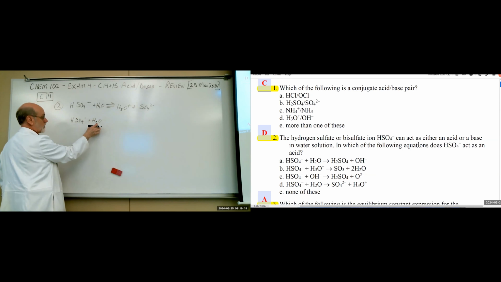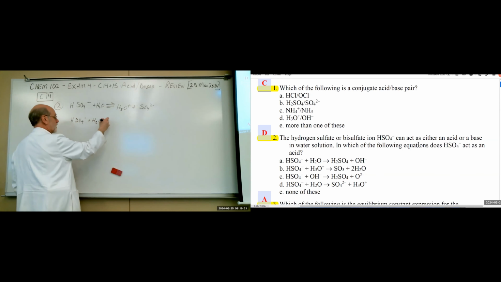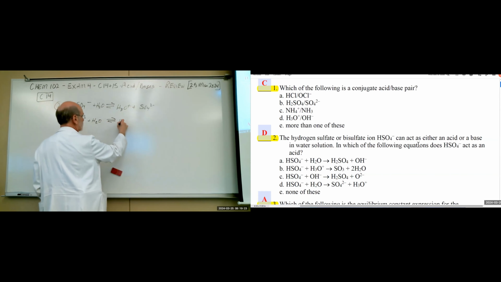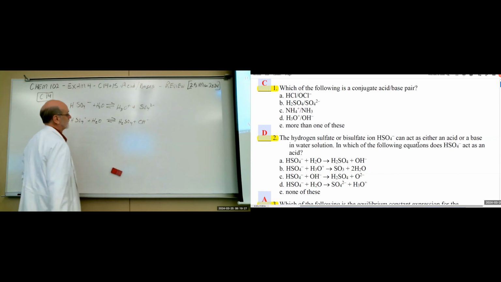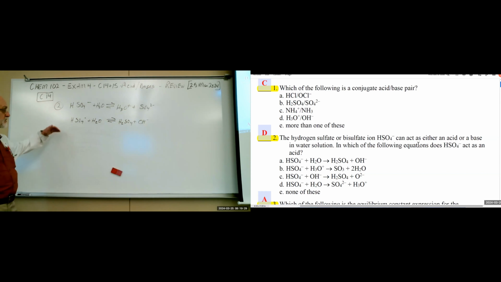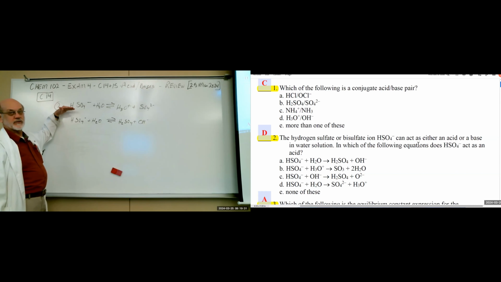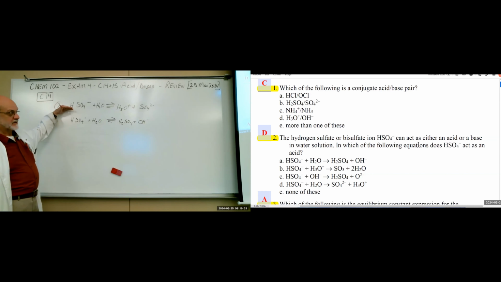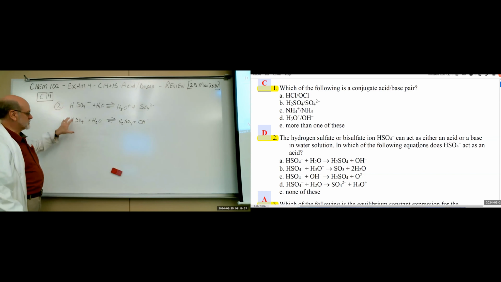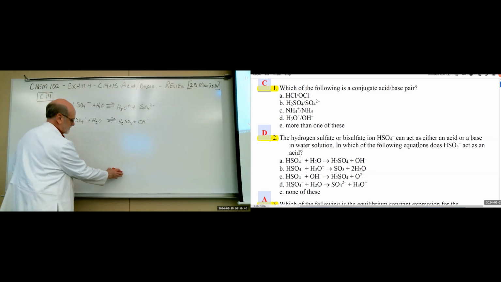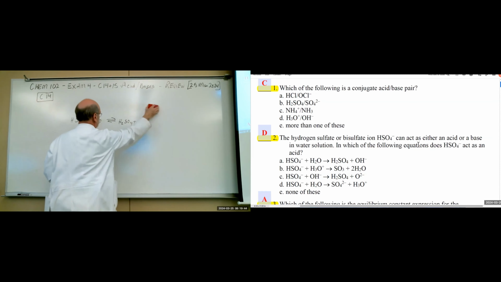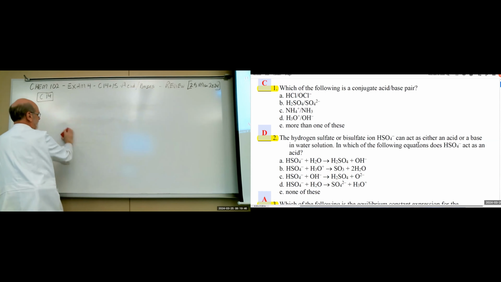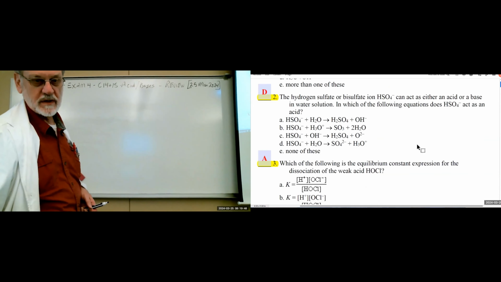If water were the acid and transferred a proton, you would get H2SO4 plus OH minus. That's if it acted as a base. But the problem asks for an acid, so D is the answer. This is just speculating. All right, that was 2.